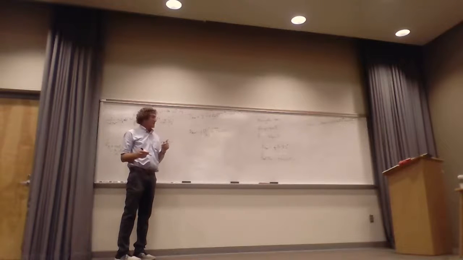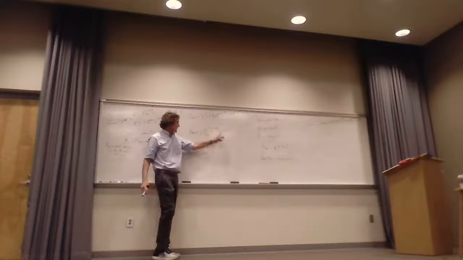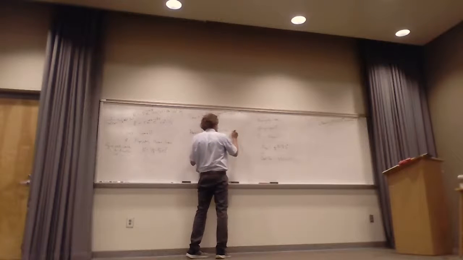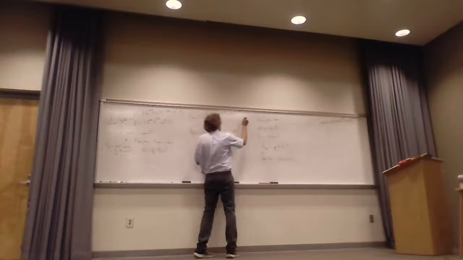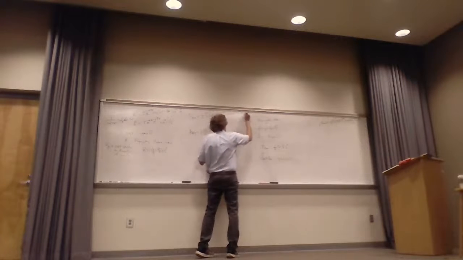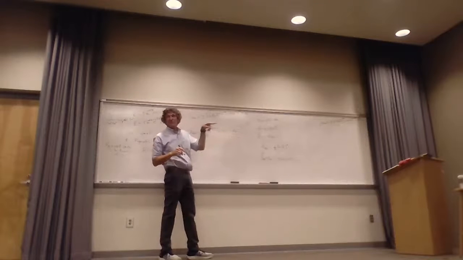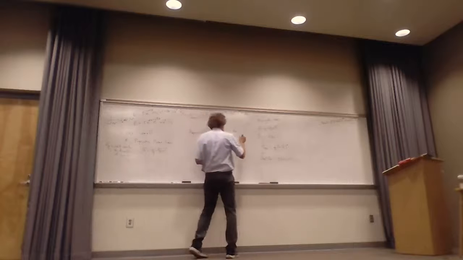That would be propagating in the AZ direction, by the way, because I had AX, and this should be an AY here. AX crossed AY has to be AZ, all right? And the units are watts per meter squared.